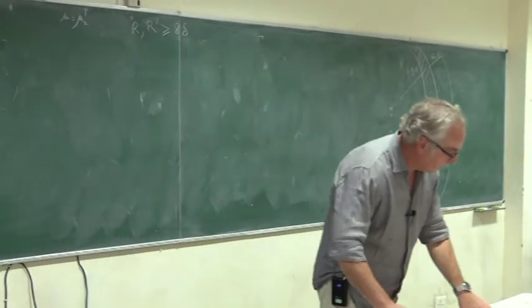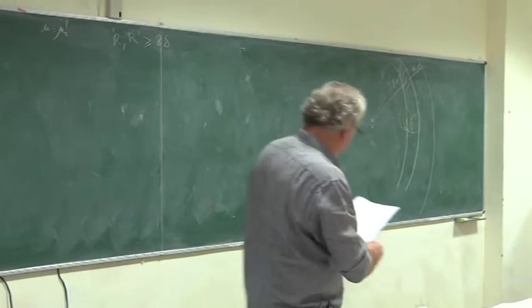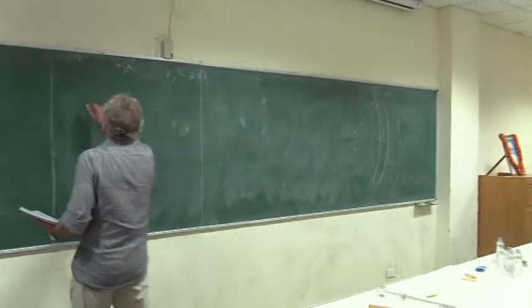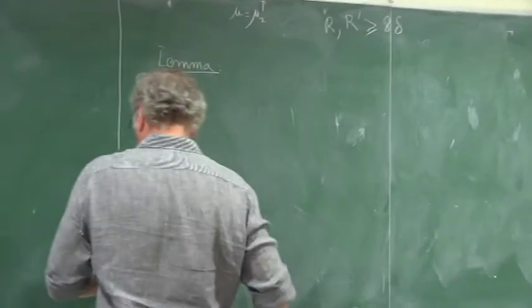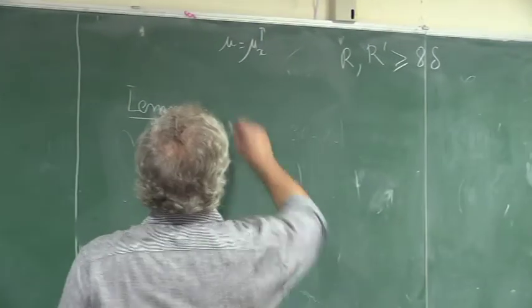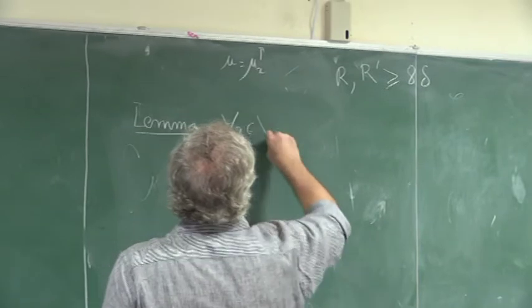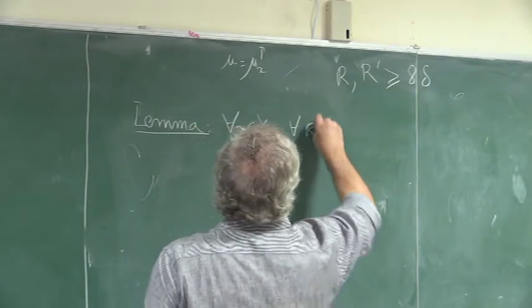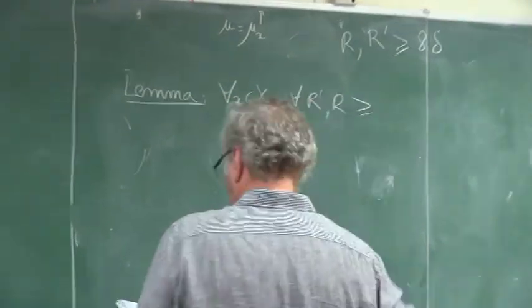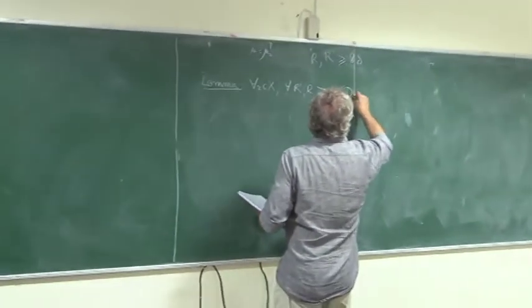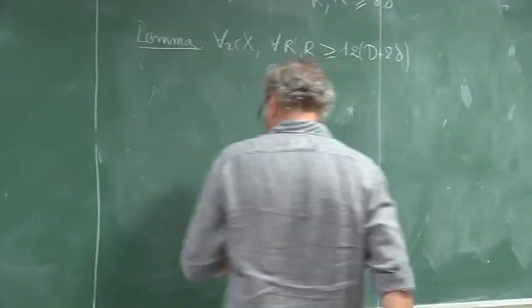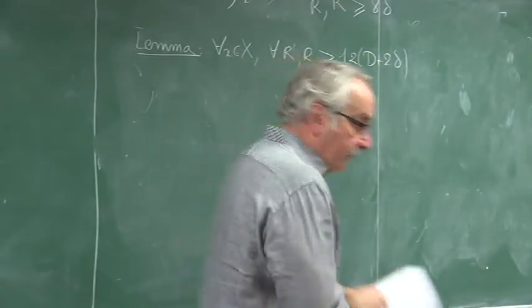All right. So the second lemma is much simpler. And same hypothesis: for all x in X, for all R prime, R which are greater than 12 d plus 2 delta, the bound that I had before. Did I have 12 or 10?